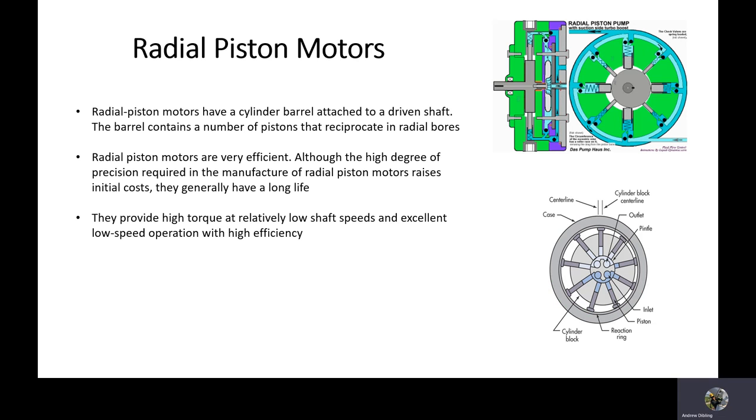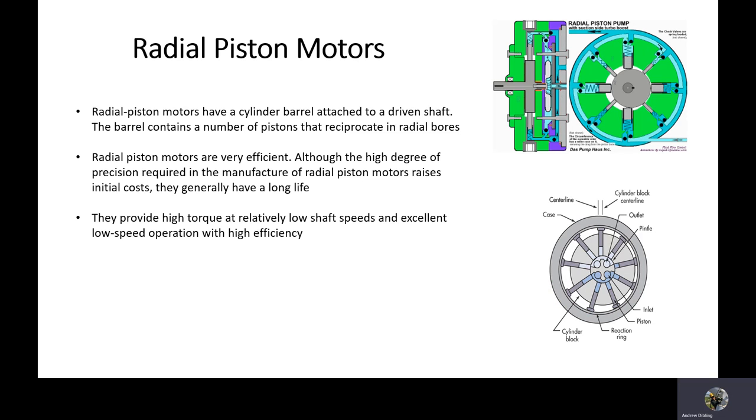Now, radial piston motors, because of the positive displacement aspect of them, and they achieve that, as you see in the top graphic there in that animation, which is a pump, but quite frankly is exactly the same as a motor. You'll see that there are two check valves there, and those check valves and the pistons are spring activated.